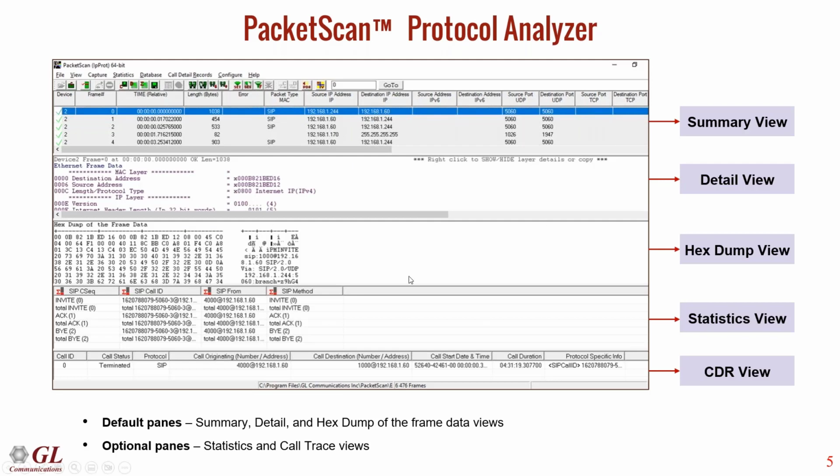We also provide lots of graphs that you can see as well. This is just one screenshot which shows you how to use the PacketScan software. Again, this PacketScan software is essential to what we're going to talk about next, which is our specific TCP Analytics program.